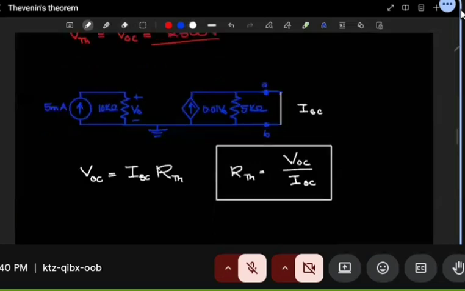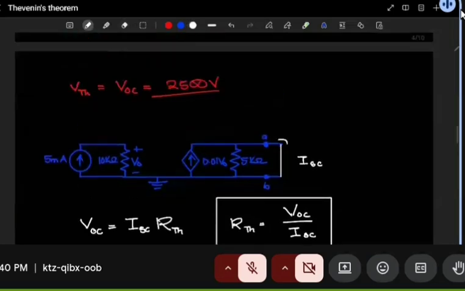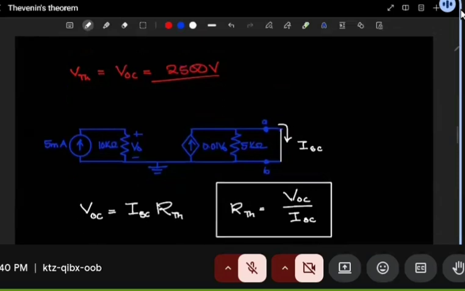So if we short this, what will be the current that will pass here? With the short in place, when the dependent source here supplies 0.01 V0, as long as AB is a short circuit, no current will take this route.